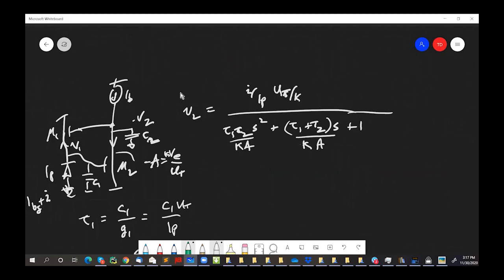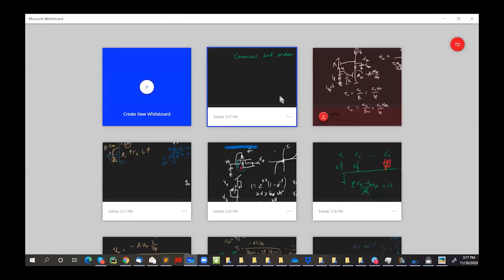And so we're interested in a general form of this, right? When you have this quadratic in the denominator, it turns out that it's useful, although maybe not obvious to you right now, that you can write this H as 1 over tau squared s squared.